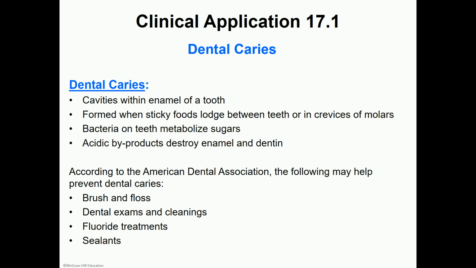Now, what are dental caries or cavities? Cavities happen inside of the enamel of the tooth. Again, it could go deeper into the dentin all the way down to the nerves. It is formed because sticky food or food just remains in the oral cavity.